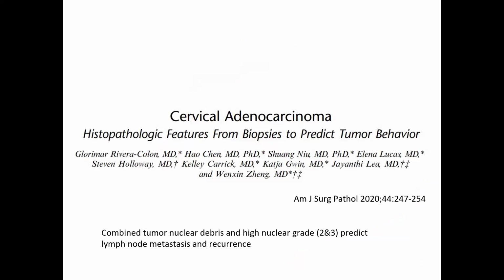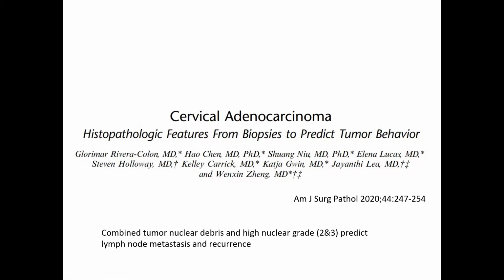I want you to also familiarize yourself with this paper where they did even more digging into interpreting the biopsy, and they noticed that there are features in the biopsy, not the LEEP. Here I was talking about the LEEP; here I'm talking about even a biopsy. Look for nuclear debris and look for nuclear grade.